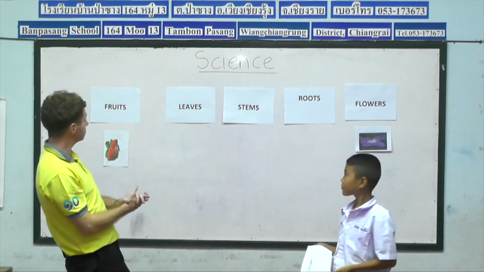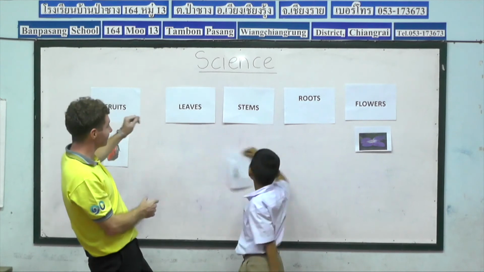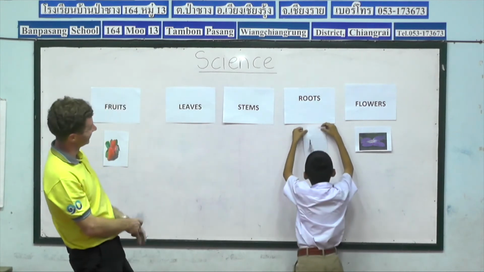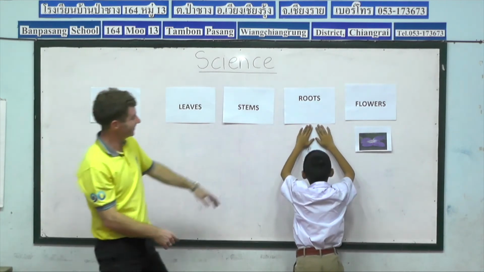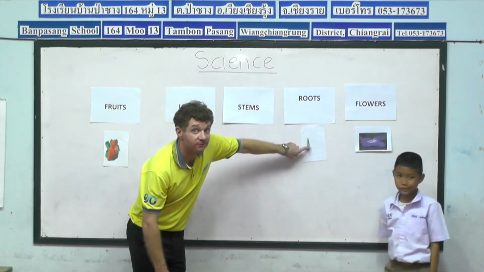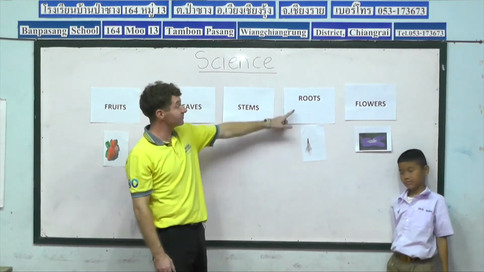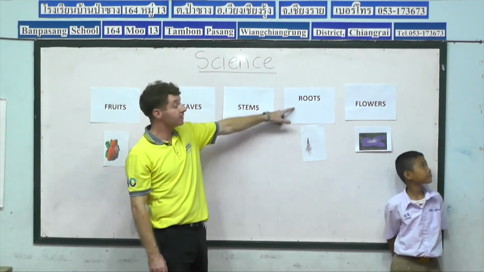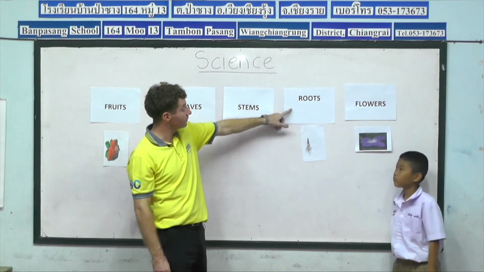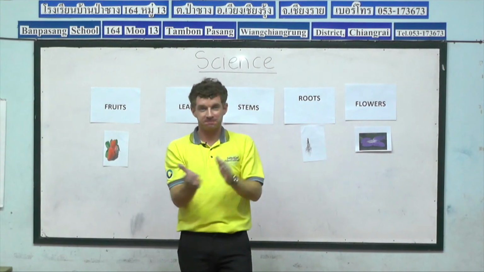So Bangpon, what part will you put it on? Nope, not the stem. Nope, not the leaf. Yes. Excellent. And you can see here, the roots are the part of the plants that go into the soil. So all together, guys, roots. Bangpon, roots. Excellent. High five, big round of applause for Bangpon.